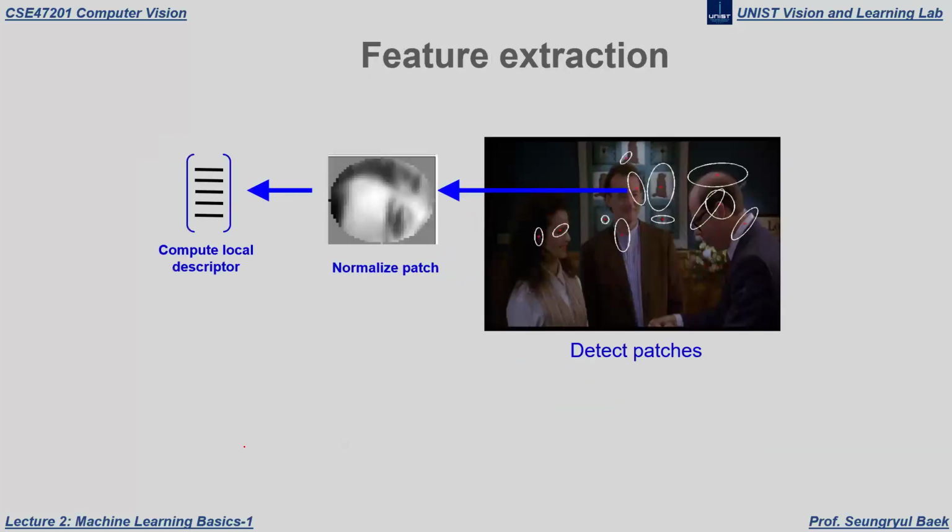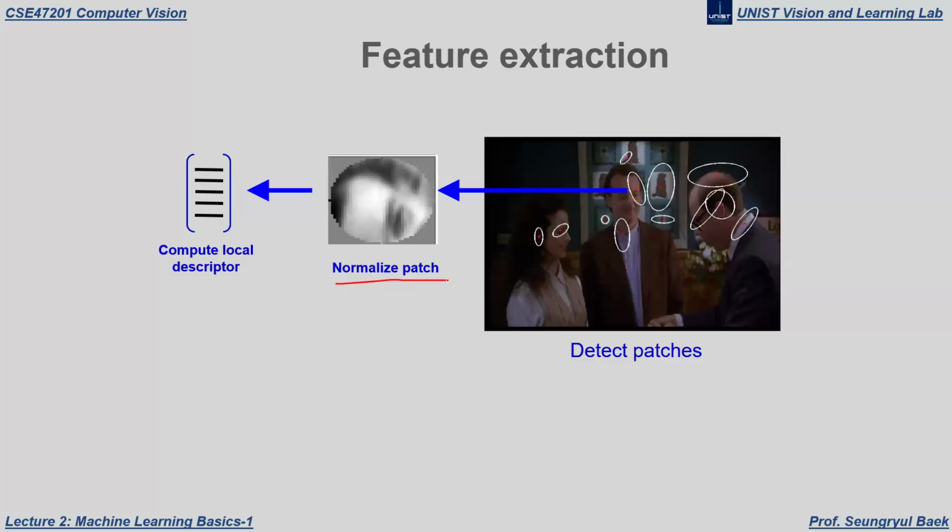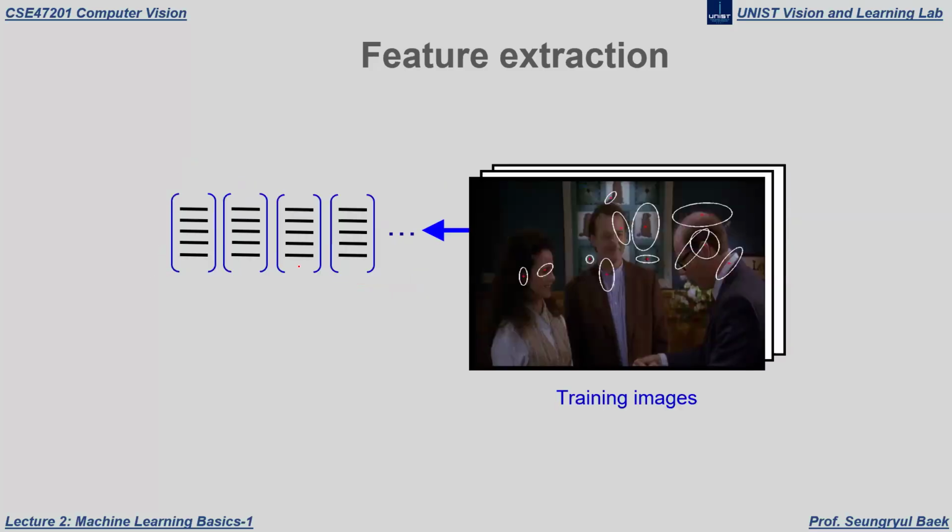So this is summarizing all the things. There's already a pre-existing way to extract useful patches from the images. And then there's already a method that can calculate some useful information and extract an n-dimensional vector from those patches. Okay, there's a feature extraction pipeline already.